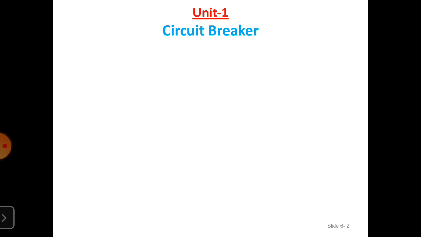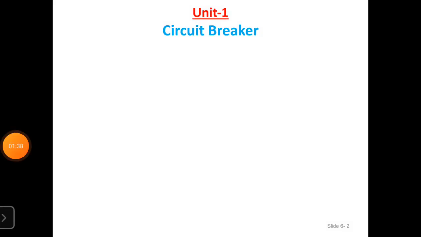Normal conditions means the no fault condition, and abnormal conditions means if any fault is obtained in the circuit or the line. In that case it is also used to break or make the circuit.